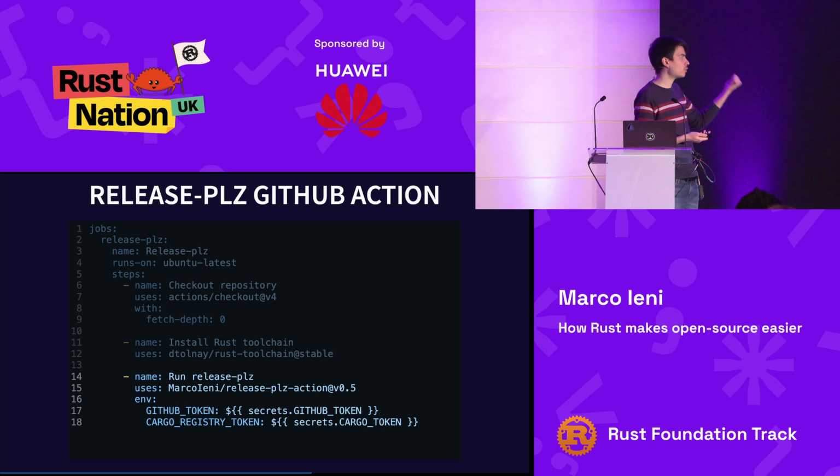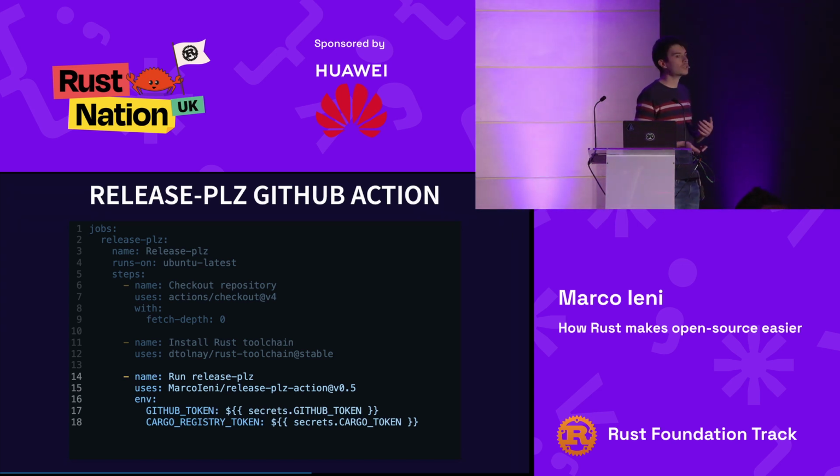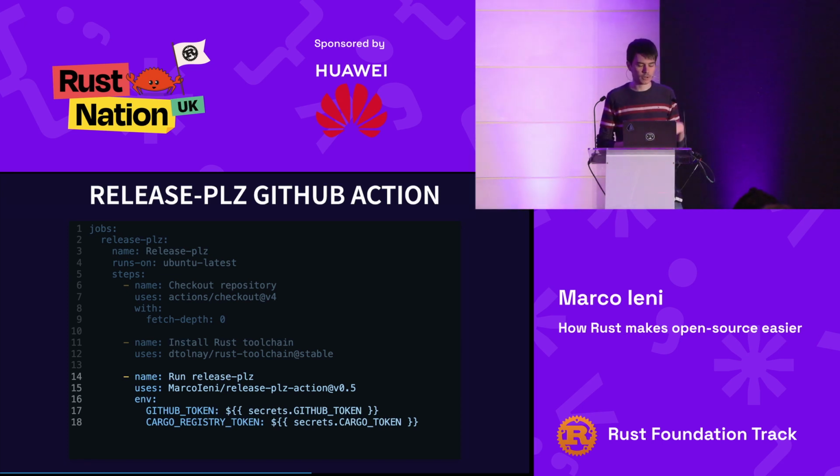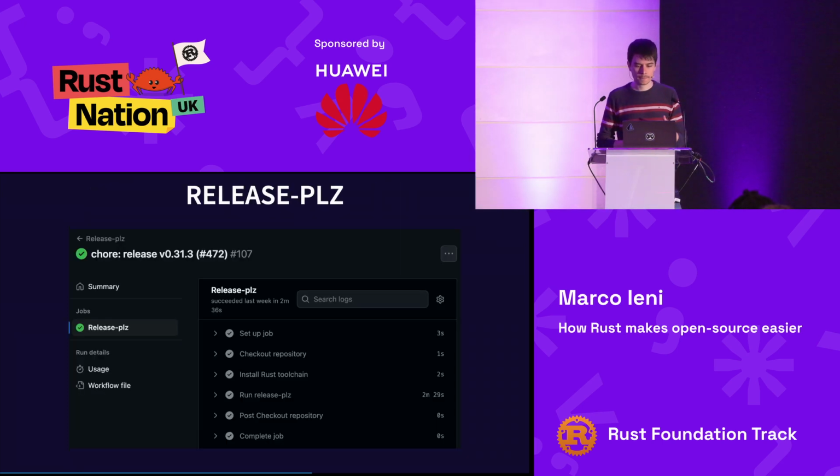You pass it the GitHub token, which is required to open the pull request, push the tag, create the GitHub release, and so on. And you pass the cargo registry token, which is required to publish your crate to crates.io.